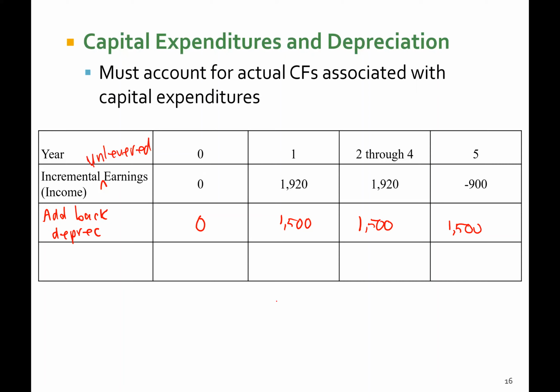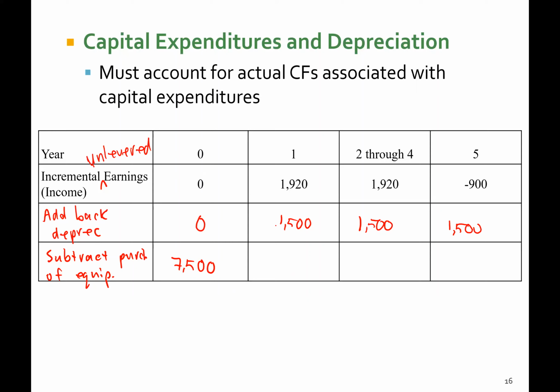We also want to subtract the purchase of equipment, and the equipment was a $7,500 purchase with cash going out right away.